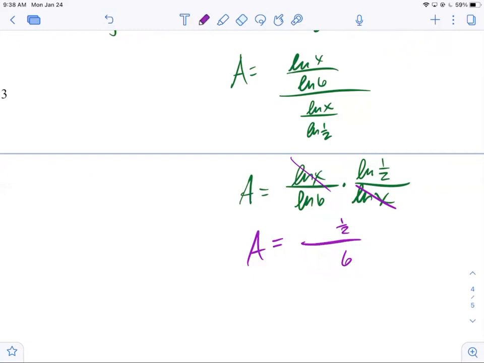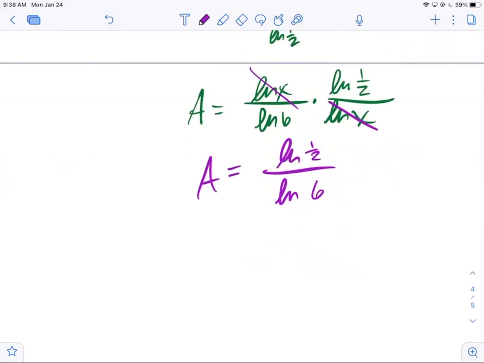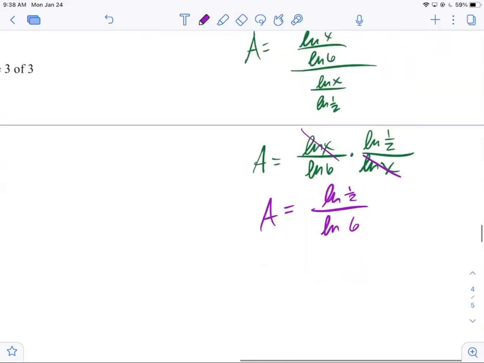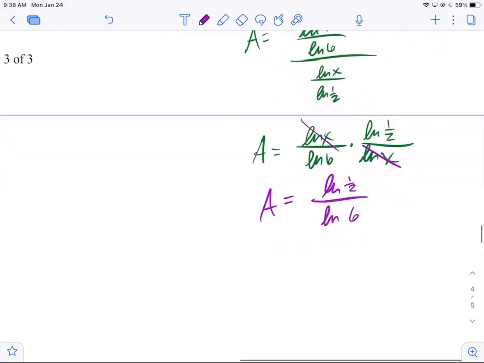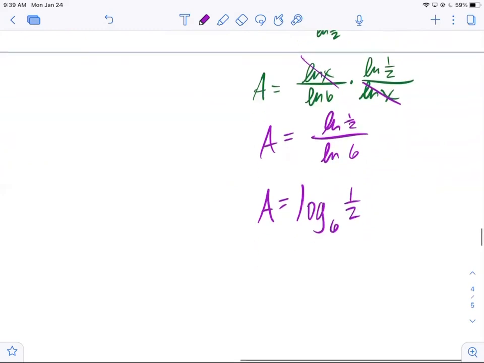And that's your answer. That's the number, right? Now you could put that in different versions. You could say it's natural log of 1 minus the natural log of 2 if you expand the top. But let's put it back as another log. That would be log base what? 6 of 1/2. Is that the same as negative log base 6 of 2?